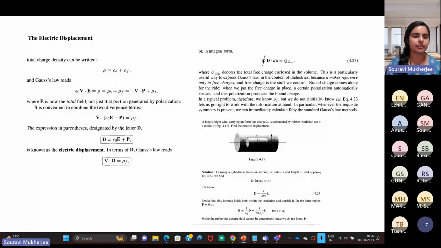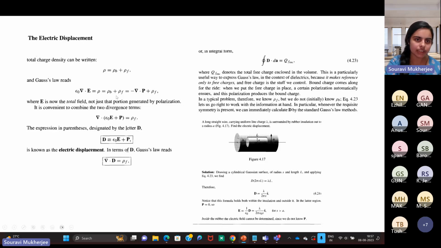While the presence of electric field or presence of charge nearby can induce a polarization in your substance, and that can result in some new charges, which are called bound charges. So in a way, your total charge density rho can have contributions from bound charges and free charges.